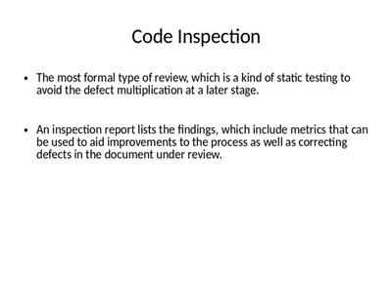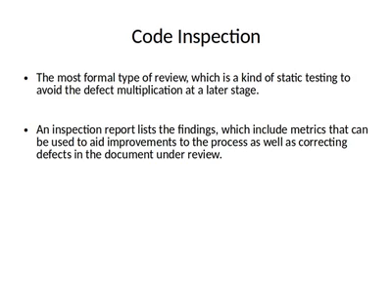Code inspection is a formal technical review. It is a software quality control activity performed by software engineers or others. The most formal review type, which is a kind of static testing, to avoid defect multiplication at a later stage is code inspection.